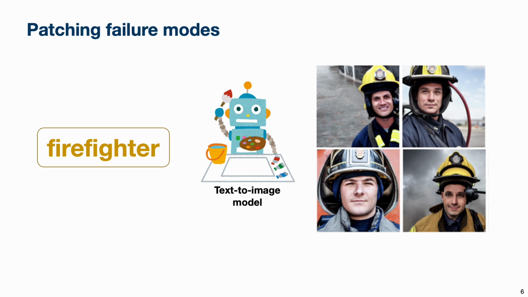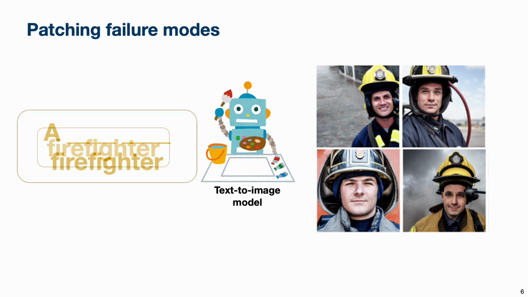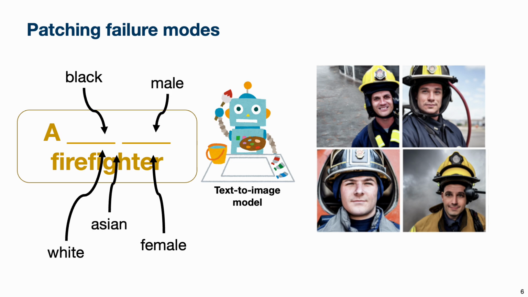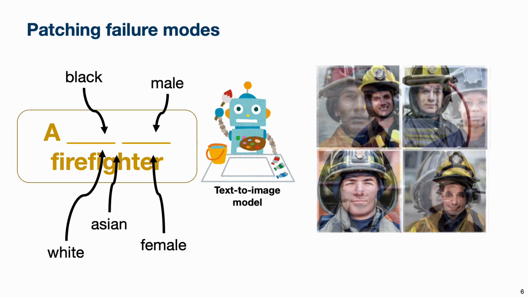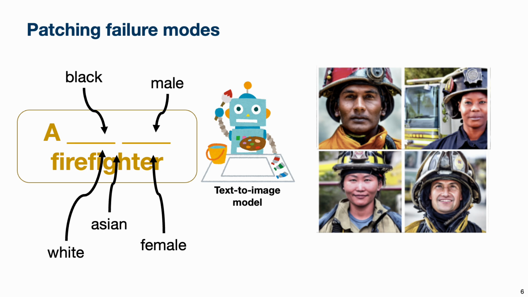So one proposed solution to fix this, which follows very straightforwardly from this basic observation, is that maybe we can just slot in demographic descriptors such as black, female, white, male, Asian, etc., and just randomly sample those at generation time to get an output.